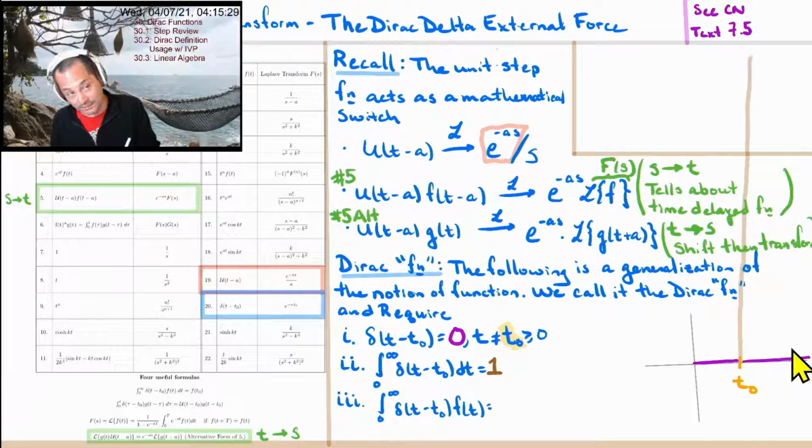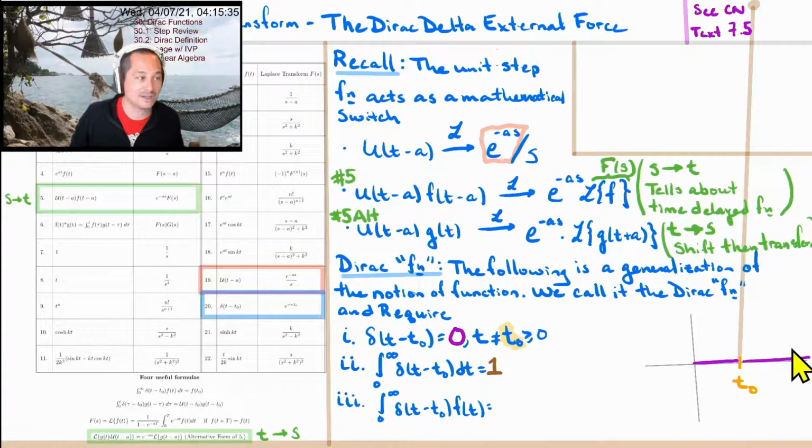Whatever's going on here must be going crazy. And books will say, oh, at that point, it takes on infinite value so that line segment has area, which, I mean, so like none of this is working out, right? It doesn't make sense. It can't make sense in this way because it's not really a function, so I can't draw it like a function. But that's the idea. Right?